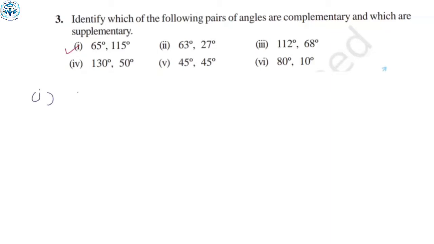The third question: identify which of the following pairs are complementary and which are supplementary. You already know what are complementary angles. Those angles that sum up to 90 degree.